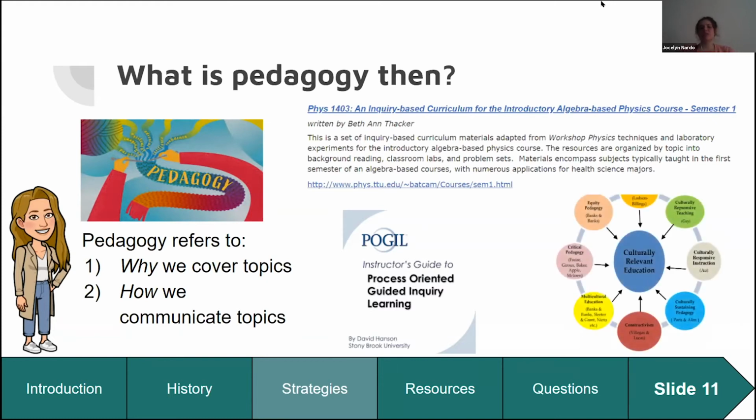I also just wanted to point out that there isn't one solid approach to diversity, equity, and inclusion. For example, equity pedagogy is about talking about the resources that you have in your classroom, and whether all students are able to access those resources the same way. For example, is your homework system priced appropriately?